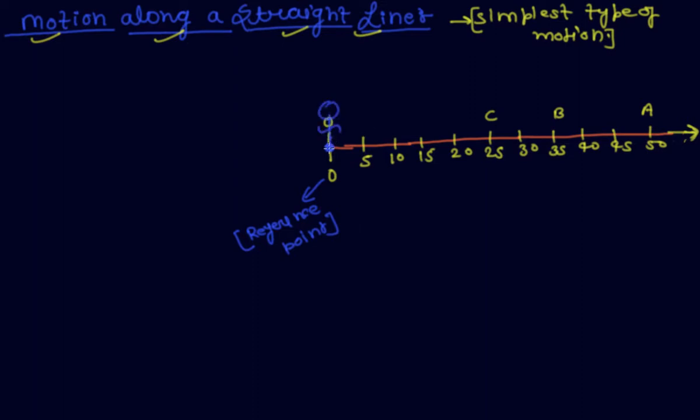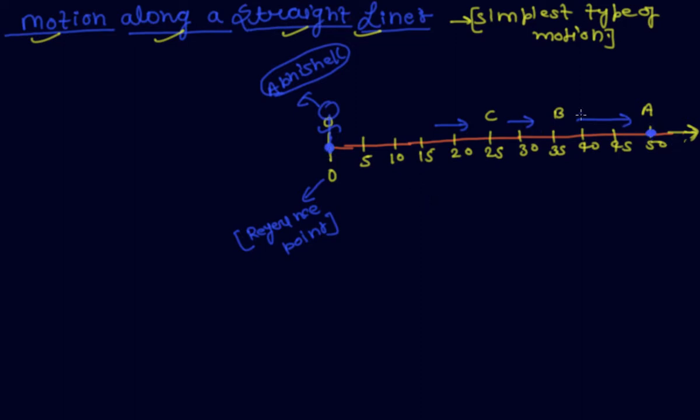Now an object. I take a boy whose name is Abhishek. This boy moves from point O to C, through B, and finally reaches point A. Now what is the total distance between the reference point O and A?